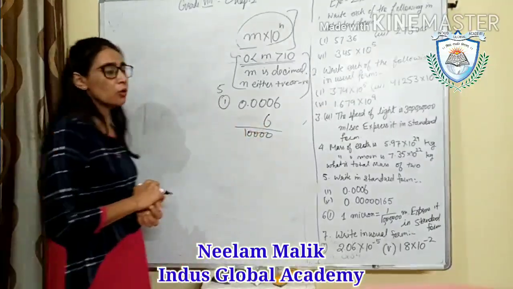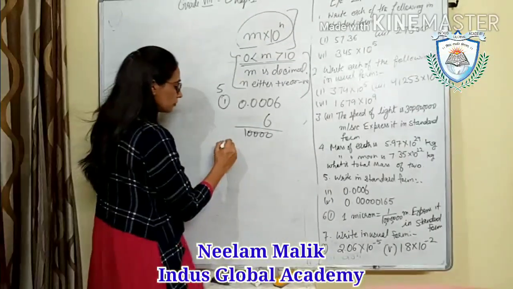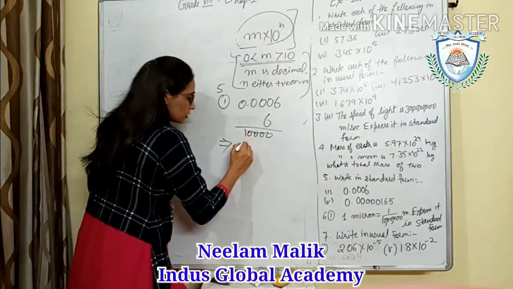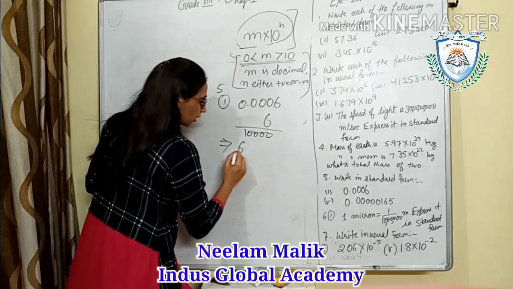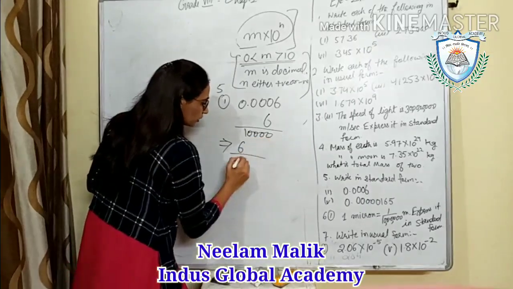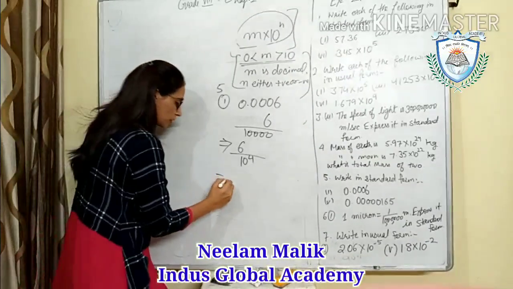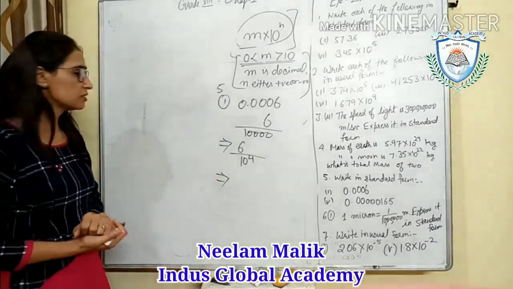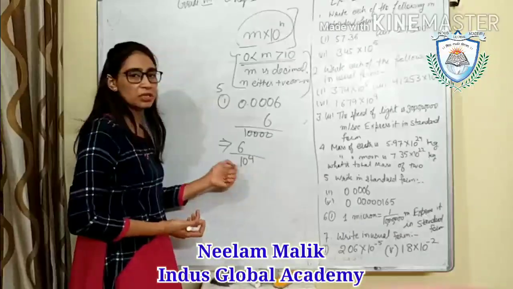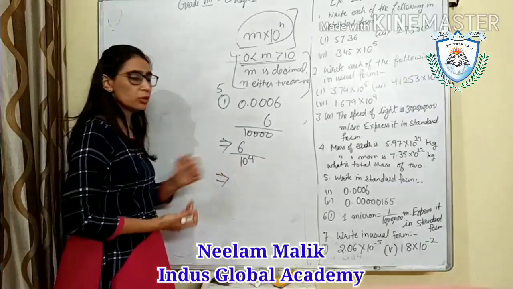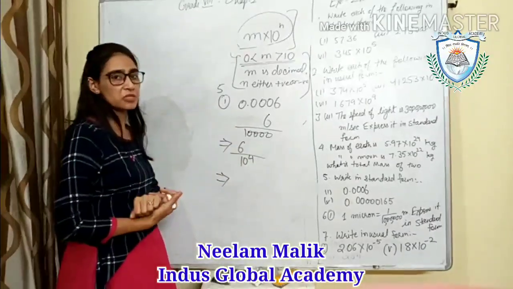Now what do we need here? 6, and 1, 2, 3, 4, so 10 raised to power 4. This number is in division. What will we do? We will take this upside.